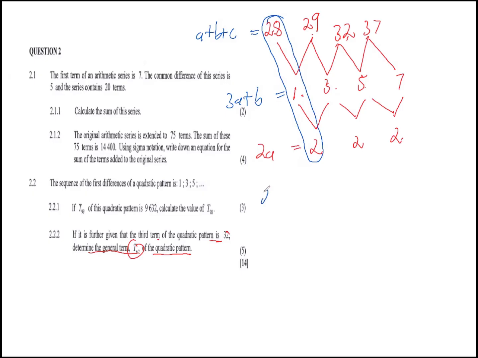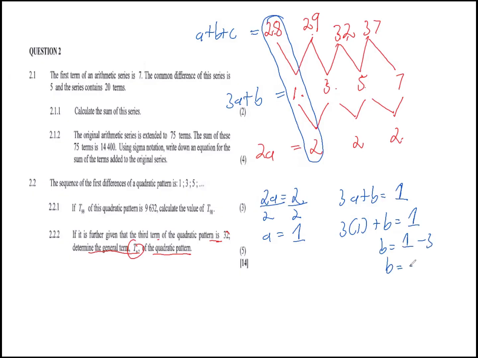Let's go now. We have 2a is equal to 2. Divide by 2, divide by 2. Our a value will be 1. And then 3a plus b is equal to 1. So where there is a, we're going to replace it by that 1. B is equal to 1 minus 3, which means our b will be equal to negative 2. Now for c, I have a plus b plus c is equal to 28.